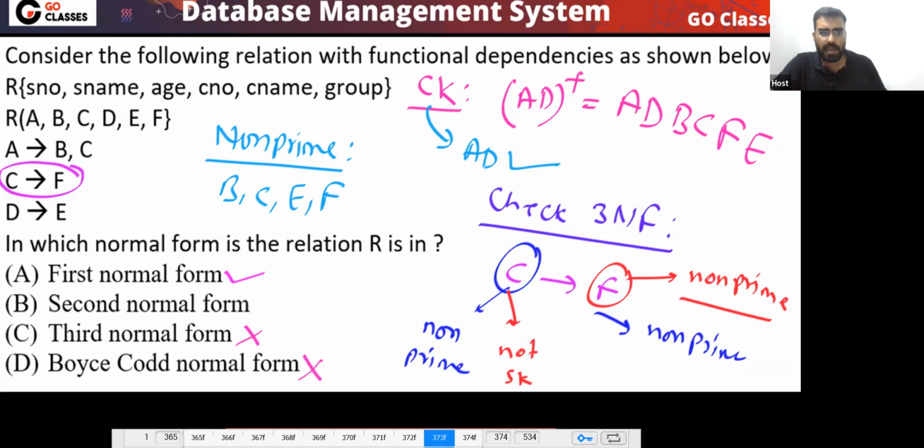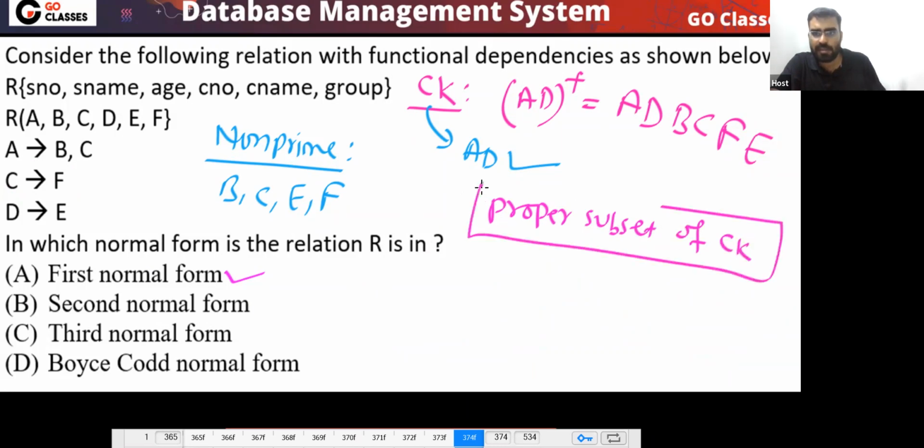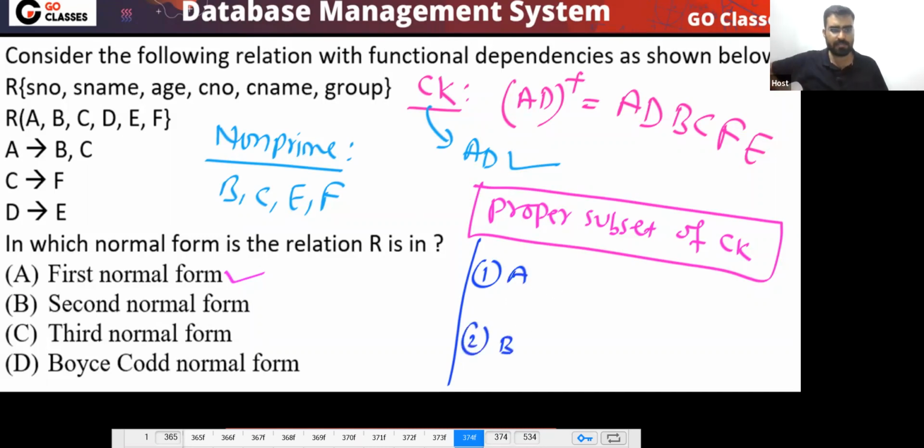Okay, and now one more thing. What about 2NF? For second normal form, you check proper subsets of the candidate key. Tell me how many proper subsets there are of the candidate key. This is a proper subset.